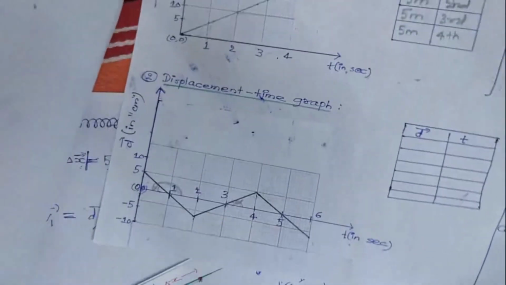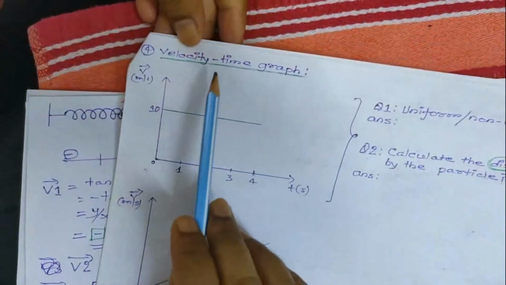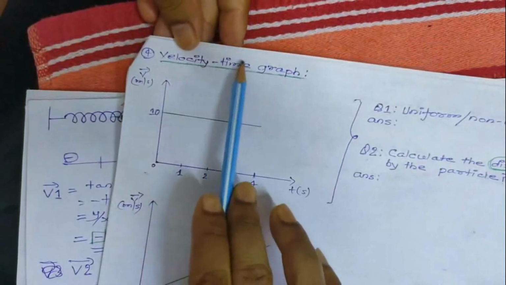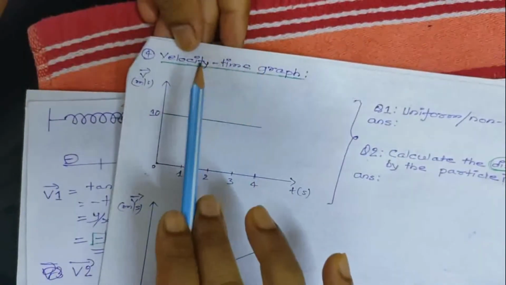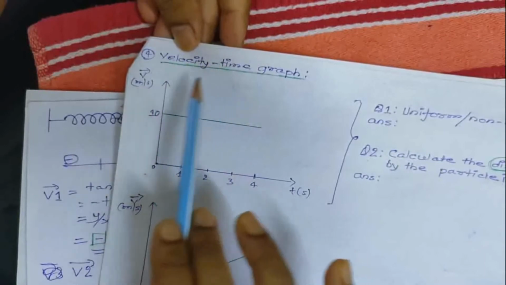Now we have been capable enough, right? So now it's time to jump onto another type of physical quantities. So here there are two physical quantities. Second quantity is time, which is fine. First quantity is velocity. So now we are going to analyze velocity time graph.